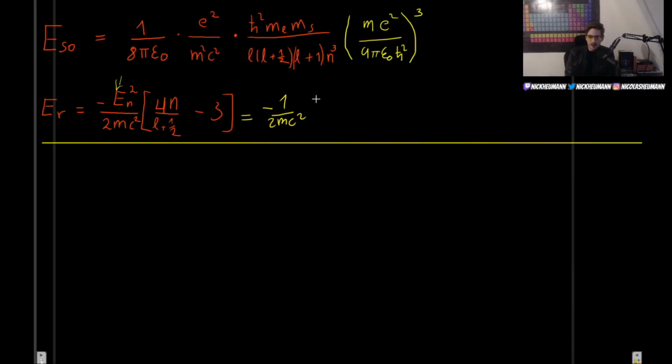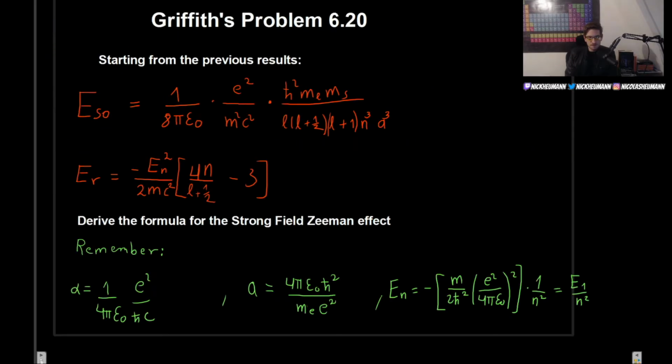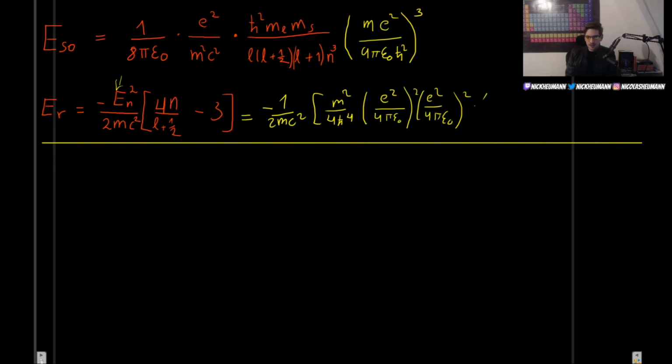So we get times m squared over 4 h bar to the 4th power times e squared over 4 pi epsilon 0 squared, and then another one because it's squared. And I'd rather write it out like this, so it's easier to use algebraically later. And then we still have times 1 over n to the 4th power.